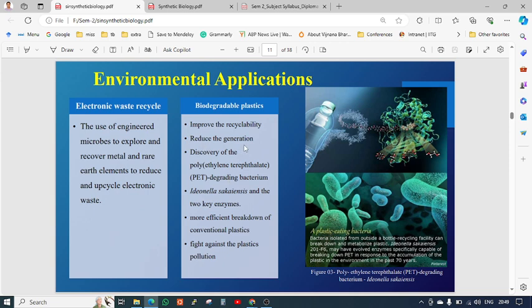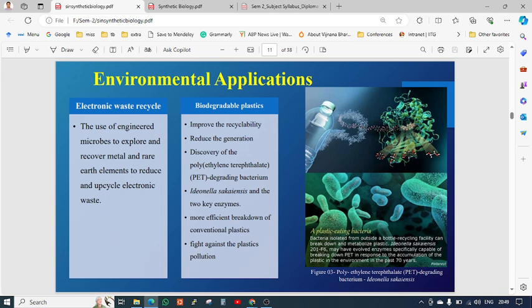Reduce the generations, discovery of the polyethylene or PET degrading bacterium. That means polythene, the plastic we call polythene bag in our local language. Polythene is called polyethylene terephthalate.